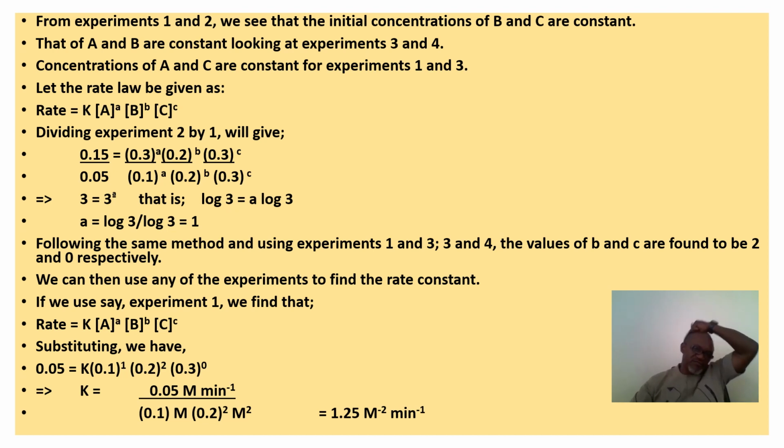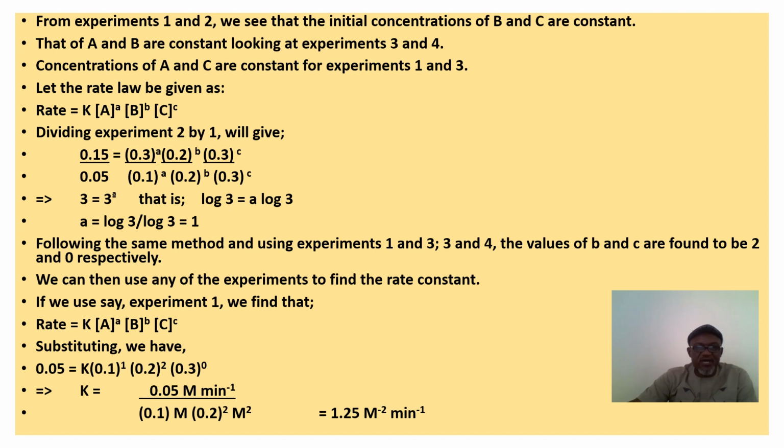So 0.15 divided by 0.05 will give us 3. And if you look at this, 0.2 over 0.2 is the same, 0.3 over 0.3 is the same. So this will cancel out. We'll be left with 0.3 to power a divided by 0.1 to power a, which is also 3 to power a. So when we solve that using our laws of indices, log 3 is equal to a log 3. So a will be log 3 over log 3, which is equal to 1.